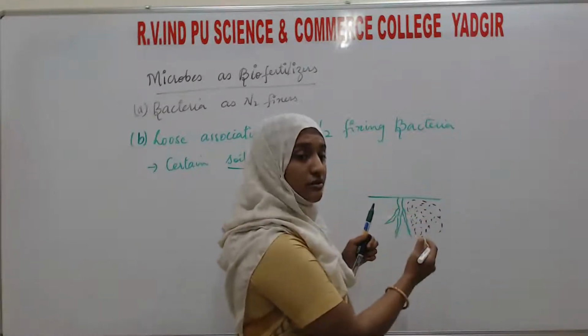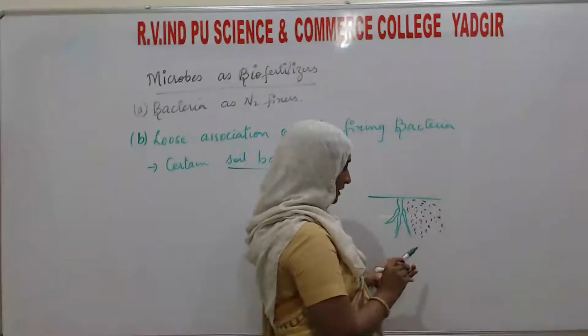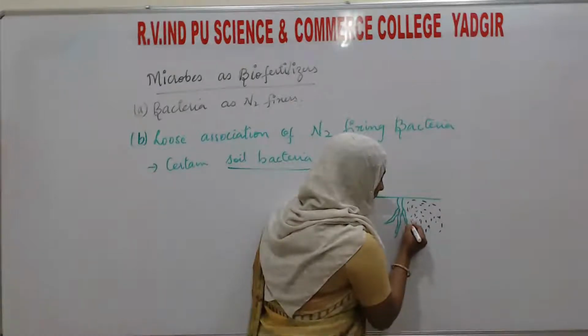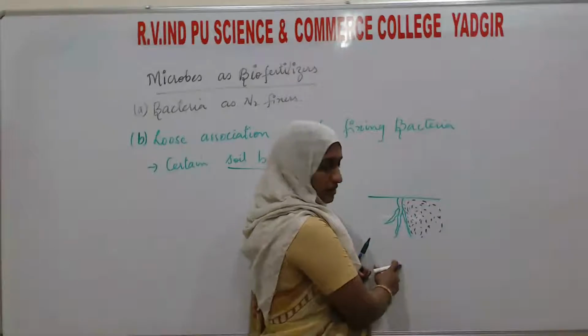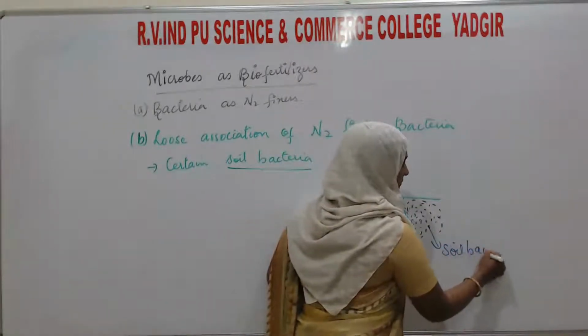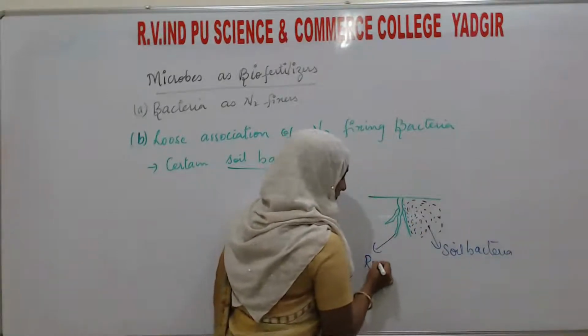So how are they living? What is the relation between the roots and the soil? They are living in very close contact with the roots. Here, these are some of the soil bacteria, and this is the root.